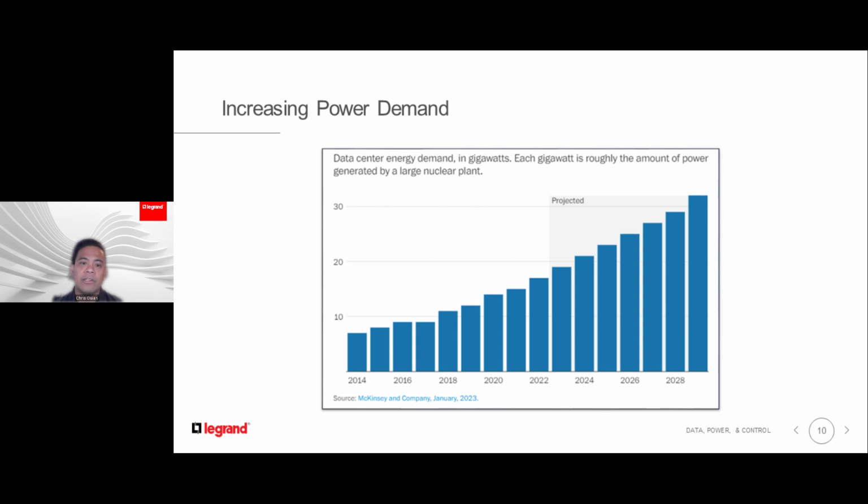So on top of that, you still have to follow your local codes like NFPA 70 and ensure you're complying to those. But Starline is designed for live insertion. And this slide goes back to what I was talking about earlier in increasing power demand, right? We're seeing AI really push power densities, and this is data center energy demand from 2014 and projected to 2029.